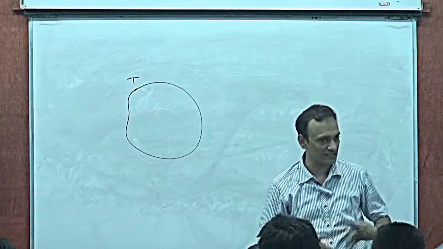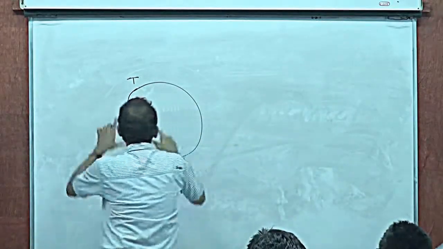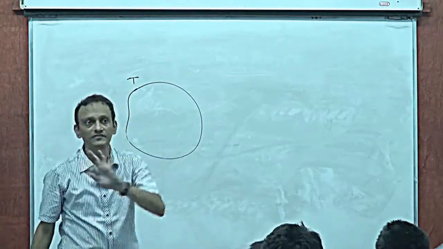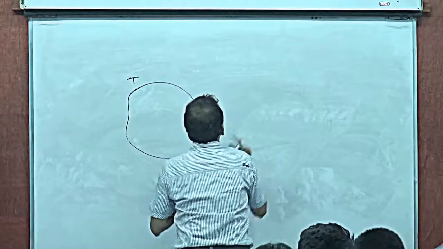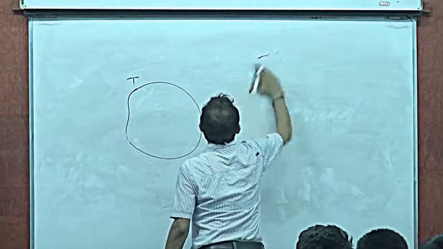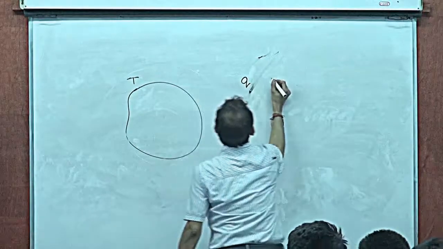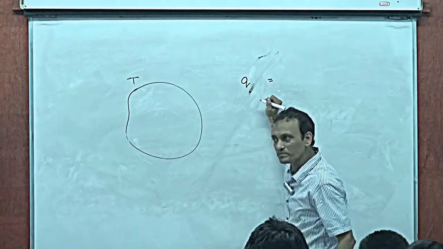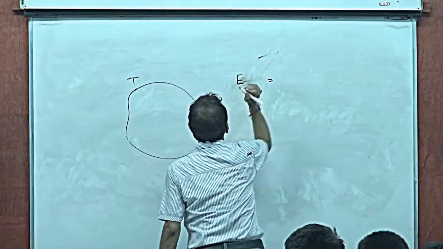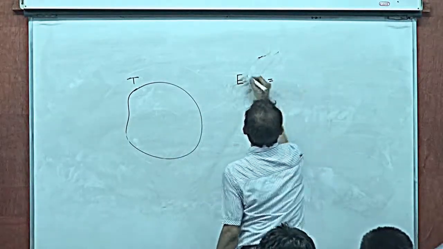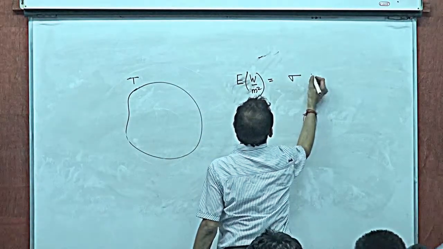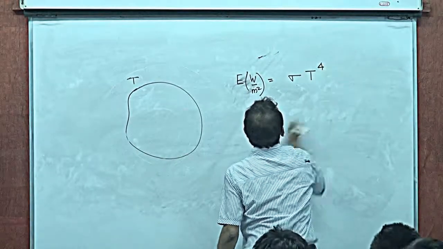We now talk in terms of degree Kelvin, and if there is this surface at temperature T, then it's an ideal surface if the watts per meter squared, the Q, that is the watts per meter squared that it radiates, we'll call it E, is some constant sigma into the fourth power of the temperature.